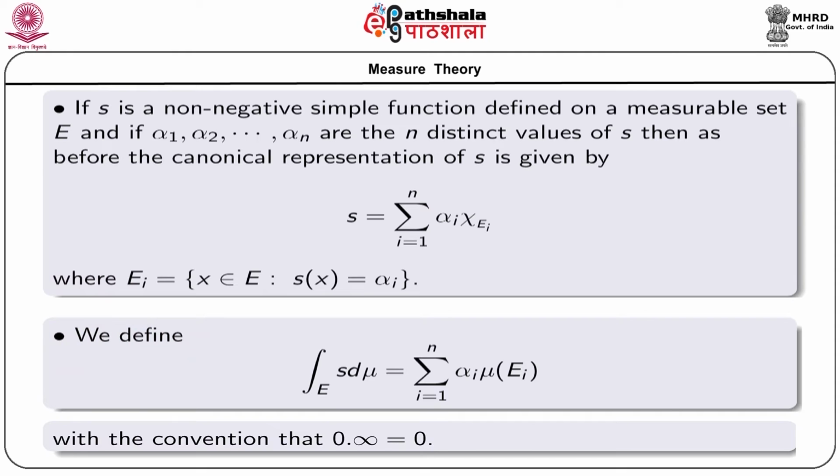And to avoid that, we take the convention that 0 into infinity is equal to 0. So, see that the value of this integral always exists, it is greater or equal to 0, but here the value of the integral can be equal to infinity.